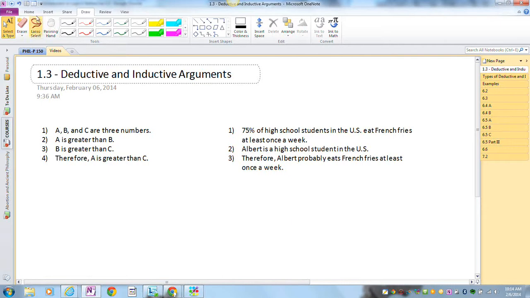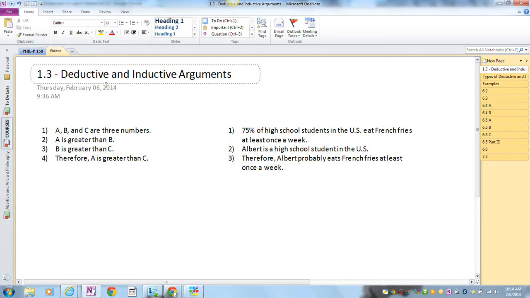So maybe the best way is to start with two examples, just by comparing one example of a deductive argument and one of an inductive argument. When you make a deductive argument, you make it with the understanding that the conclusion follows necessarily from the premises.